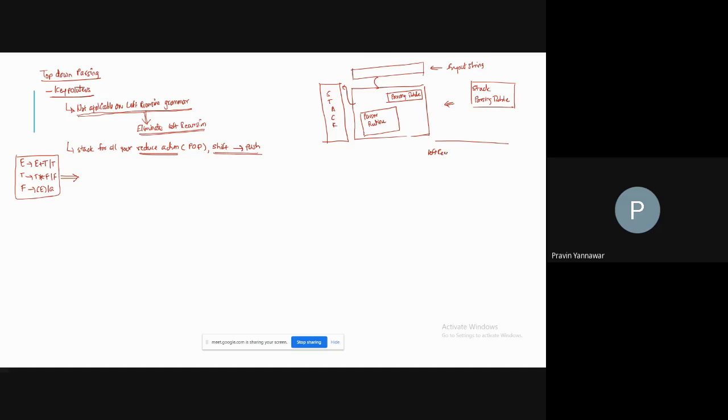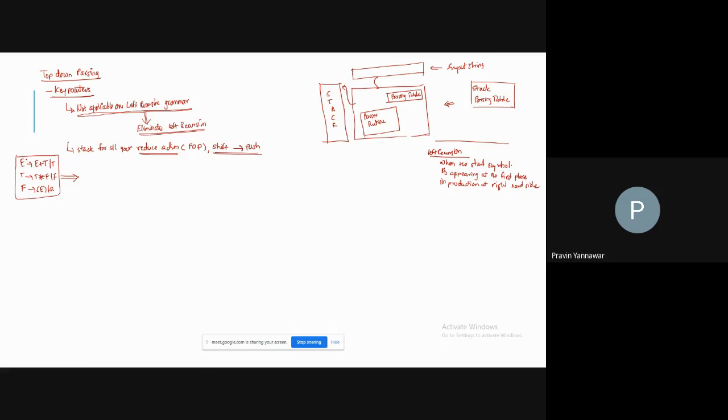Left recursion, very simple. Left recursion means when the start symbol is appearing at the first place in the production at the right hand side.